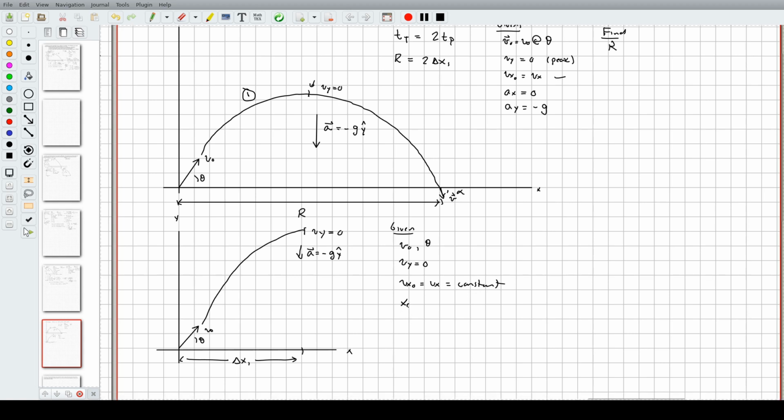We know our initial positions as drawn are 0. We know the acceleration in the x direction is 0. We know the acceleration in the y direction is g down. And really, this is about it. So let's go ahead and break our velocity up into components.